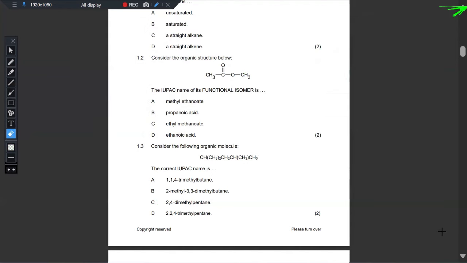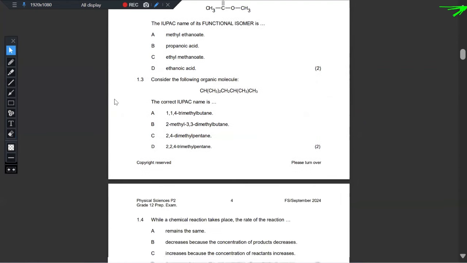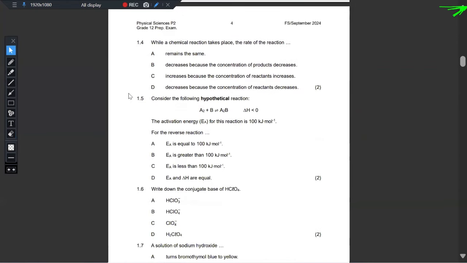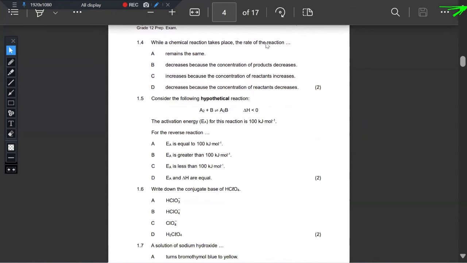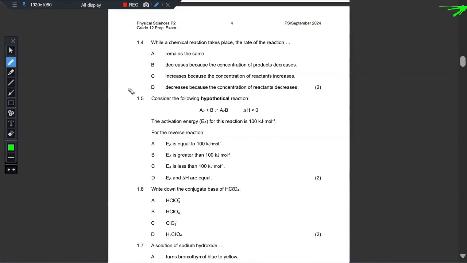Okay, then 1.4 says, while a chemical reaction takes place, the rate of the reaction... So now we can tell that we are on rate of reaction. The first three were on organic reactions. Now we are on rate of reaction.